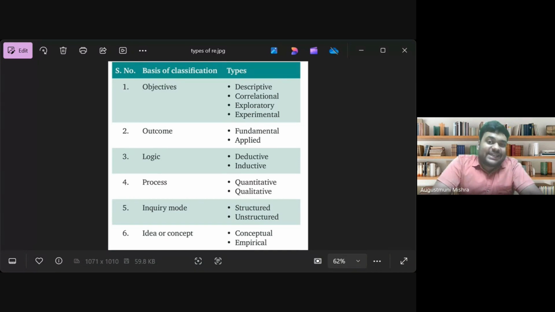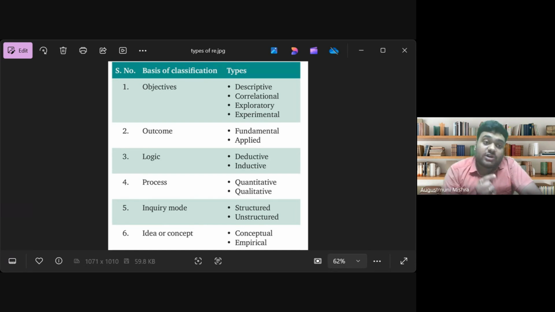So if the thing which is commonly observed in various parts or in various situations, then you just make a generalization about what is occurring. Okay. So that is inductive approach. Okay. So here we move from specific to general. Okay. And in the case of deductive approach, we move from general to specific.